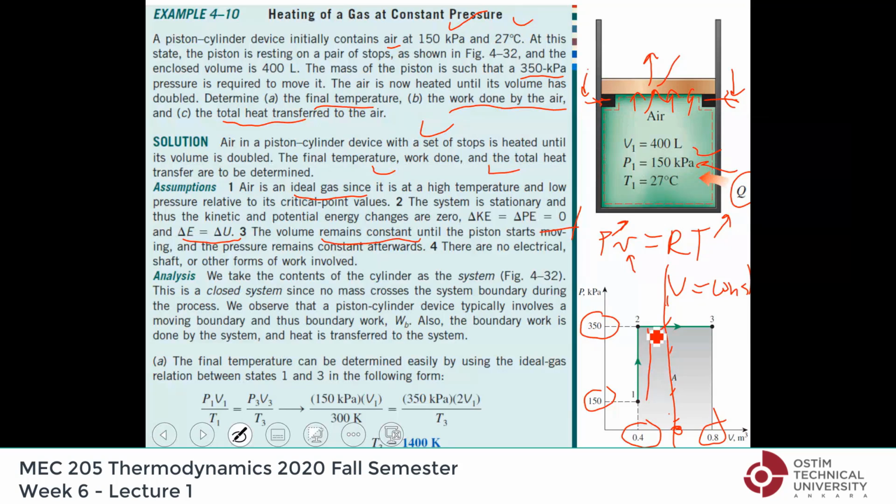The pressure rises until you reach 350, and then the pressure remains constant, and any constant pressure process on a PV diagram will have to be horizontal like this. Here the pressure is constant, and the volume is increasing as the piston moves up. So this is the process curve until the volume doubles. So this is where the process ends.